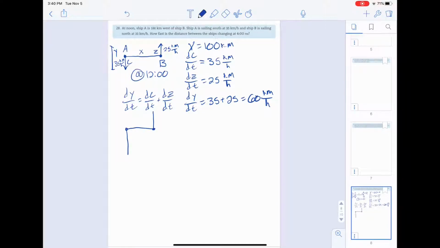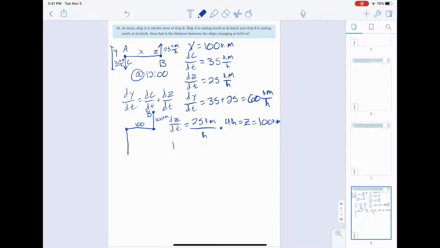All right, so since our dZ is equal to 25 kilometers an hour, and we're going 4 hours away, we're just going to multiply that by 4 hours. And so this will give us our Z, which is equal to 100 kilometers. So we write that in here, 100 kilometers. And this is where B is now. And this is still 100 kilometers over here.